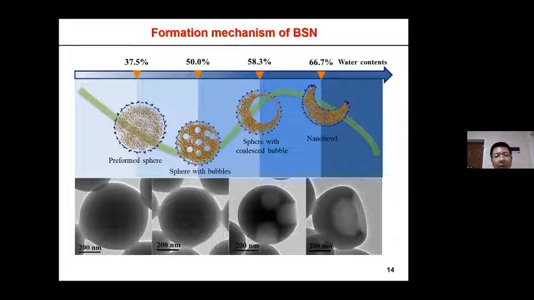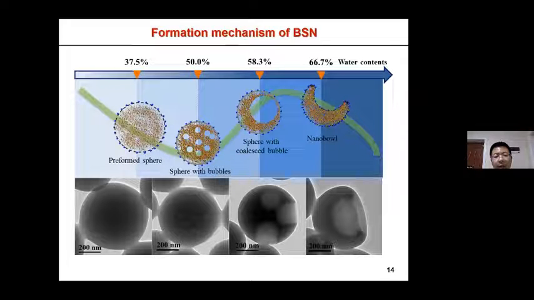With the further addition of water, a hard skin is formed on the surface of the preformed sphere, which prevents the homogeneous shrinkage of the spheres. Otherwise, compound micelles were formed.